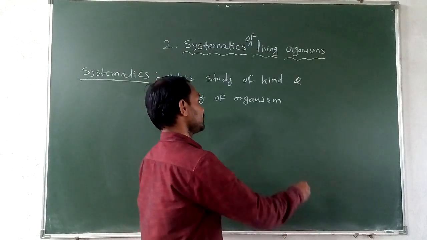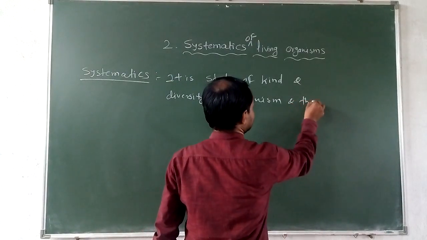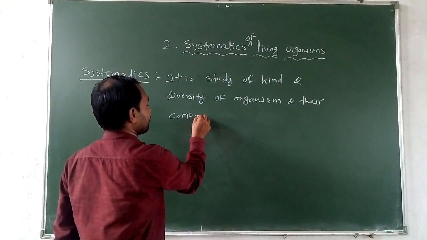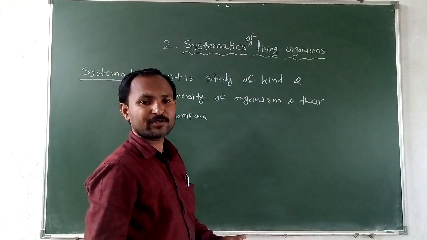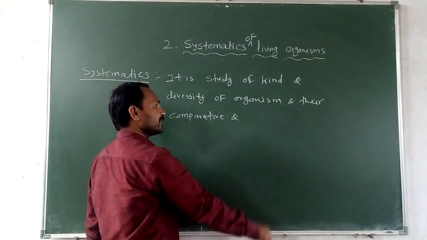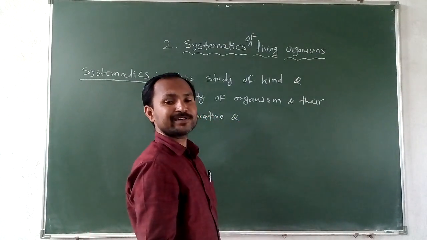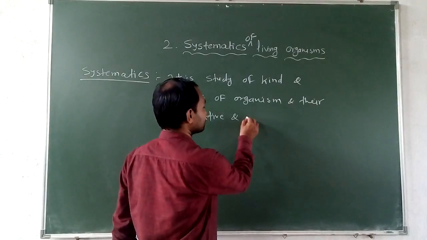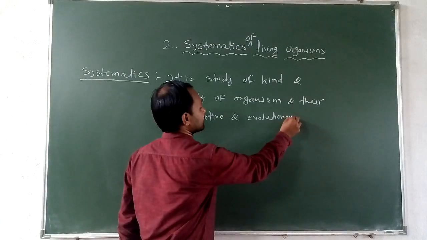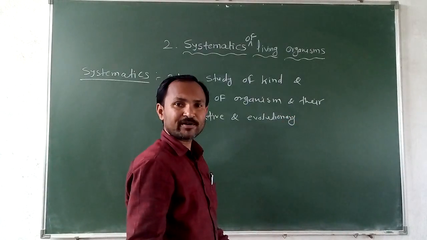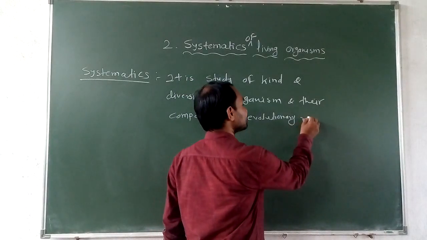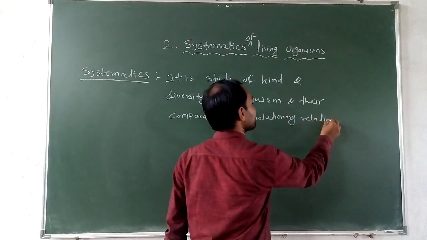So first, a comparative study, or comparison between the organisms, and second, the evolutionary relationship between organisms. This is the definition of systematics.